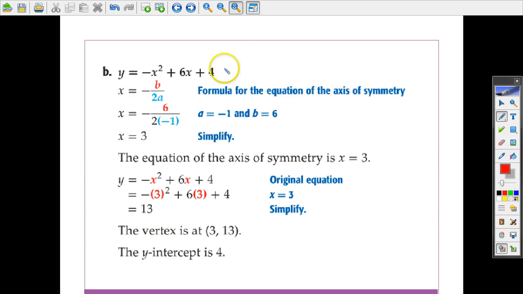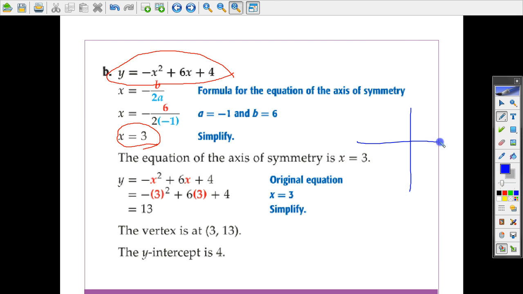The first thing you do is find the axis of symmetry with this equation: x equals negative b over 2a. So b is 6, a is negative 1, and you found that x equals 3. Once you have that, that's the symmetry. If you have a graph, x is 3, which means your graph has that as the mid cutting point.